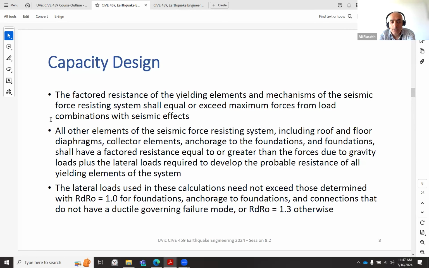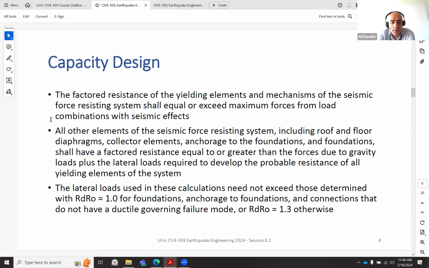The factored resistance of yielding elements and mechanisms of the seismic force resisting system shall equal or exceed the maximum forces from the load combinations with seismic effects. We apply all the loads, including the seismic loads, and we design the yielding elements, the ductile elements.